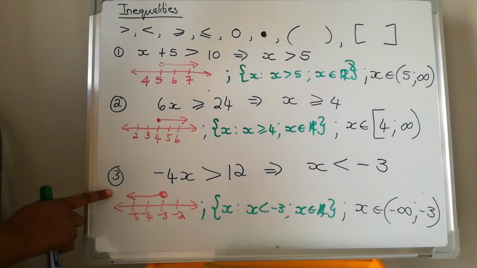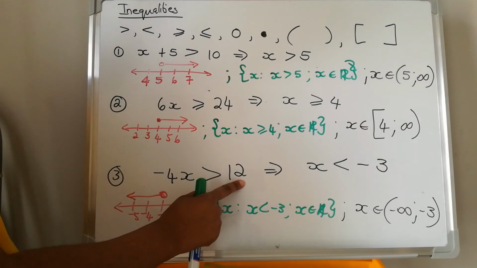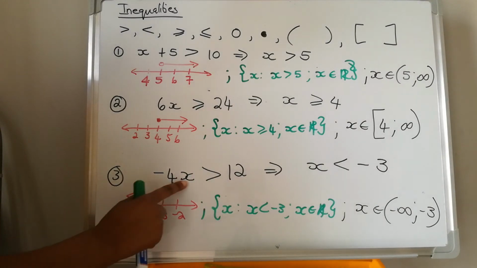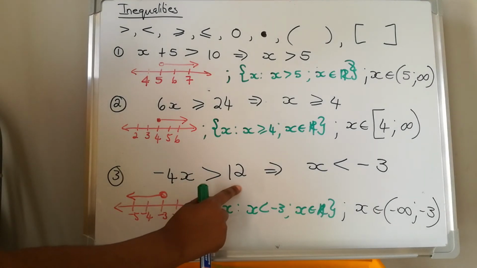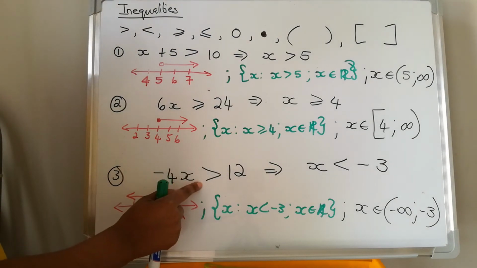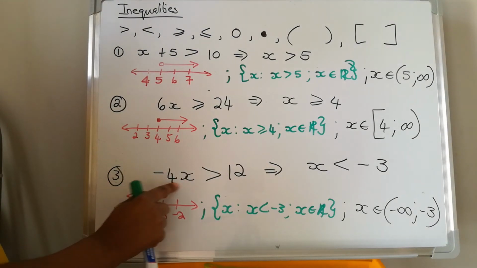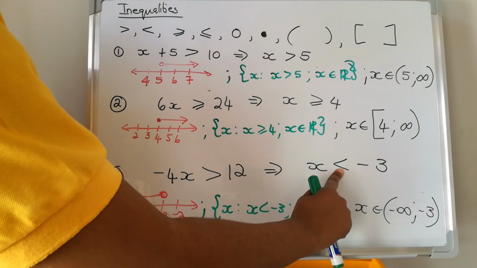Then the last one, we have minus 4x is greater than 12. Okay, how would you have solved for this if it was an equal sign? It would have been minus 4x is equals to 12 and x is equals to minus 3. All right, but because you have an inequality sign here and you're dividing by a negative number, the sign changes from greater than to smaller than.